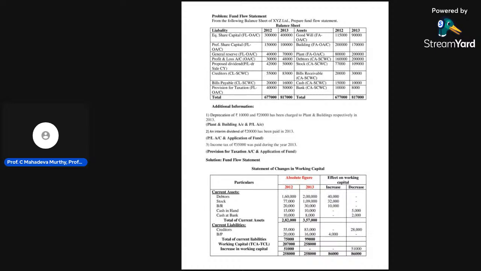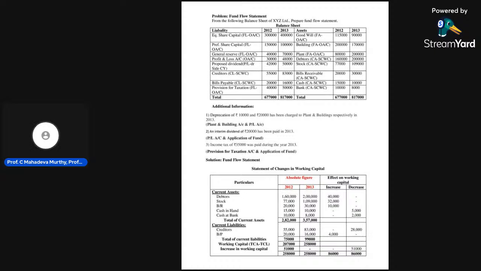Yes, the problem on fund flow statement. From the following balance sheet of XYZ Limited, prepare the fund flow statement. On the liability side: equity share capital, preference share capital, general reserve, profit and loss account, proposed dividend, creditors, bills payable, provision for taxation. These are the information provided in examinations, textbooks and study material.